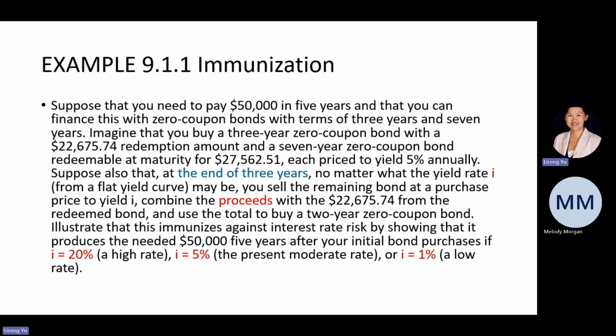No matter what the interest rate is at time 3, you have the maturity of your 3-year zero coupon bond, and you turn that into an investment of a 2-year zero coupon bond. Then at year 5, you have sufficient funds. Imagine at time 3 the interest rate is 20%, 5%, or 1%. What will happen there?